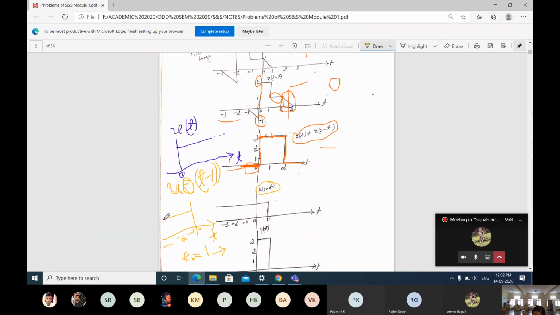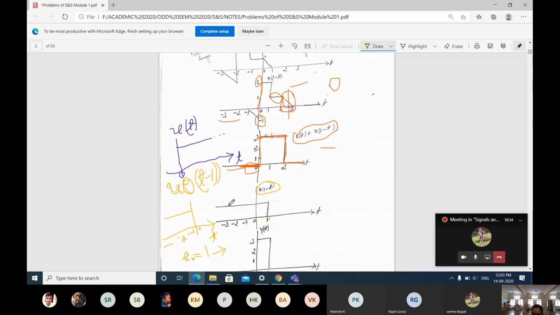Observe here, the unit step signal is shifted towards the right side by 1 position. That's what I drew here. The signal of u of 1 minus t, you will be getting like this, shifted towards 1 position. 0 plus 1 is 1.